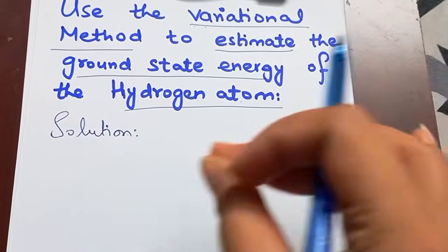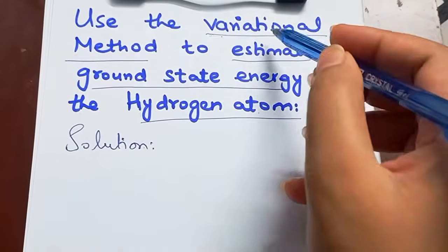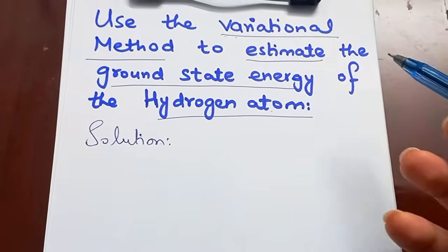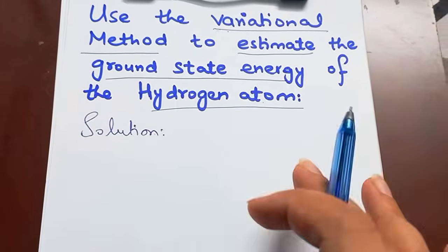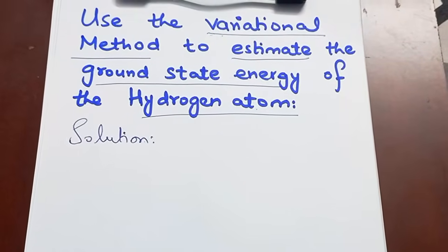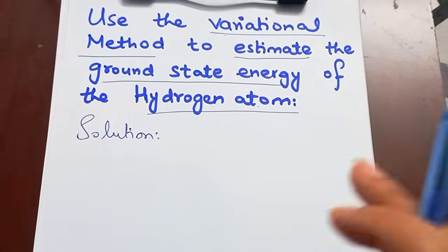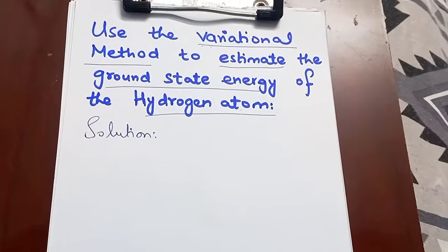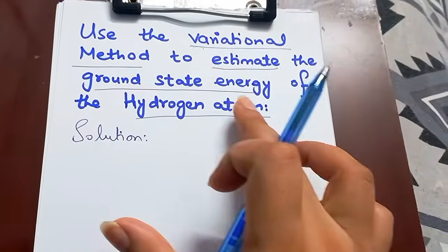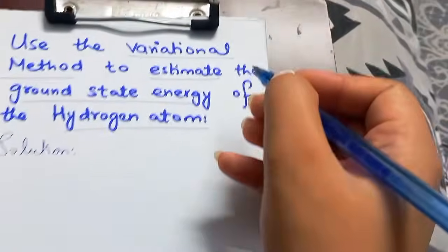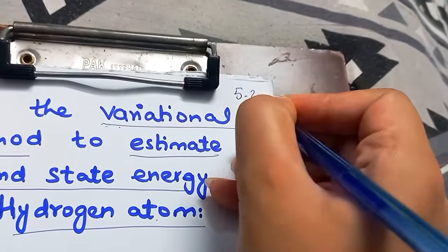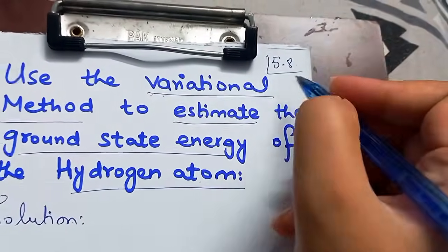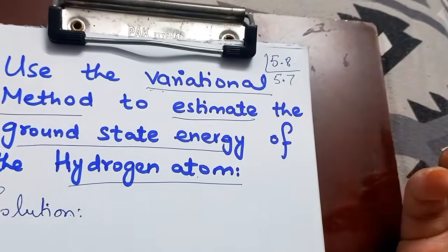Let me give you a really quick overview of this method. It's an estimated or approximation method. It means that whatever results you get for the energies and wave functions of the system, the result is not 100% exact, which means there could be some error. Like we are estimating the ground state energy; for example, let the true value be 5.8, and through the variational method maybe we get 5.7.